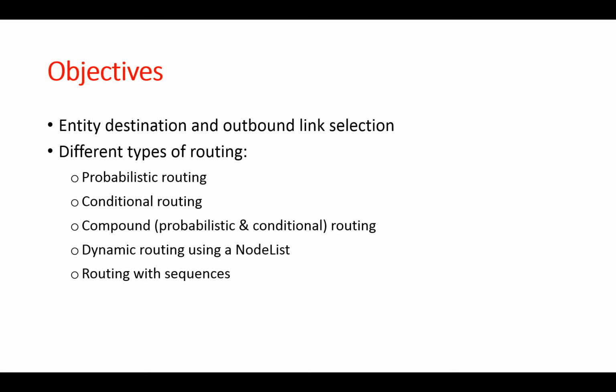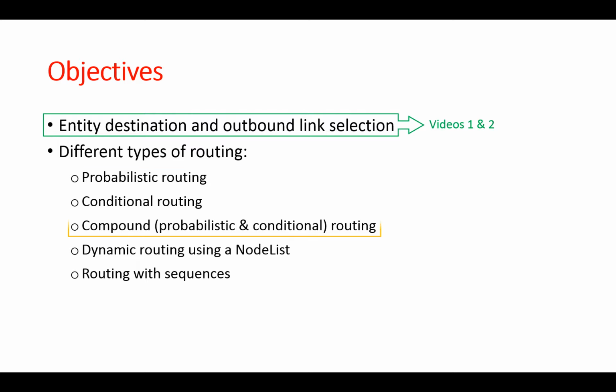So in terms of what will be covered in each video in the module, we're going to talk about the basic and fundamental concepts in the first two videos. We will discuss probabilistic, conditional, and compound probabilistic and conditional routing logic in the third video of the module.